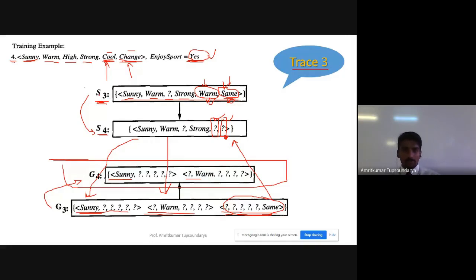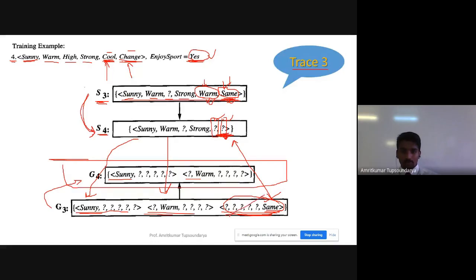So that gives us a new hypothesis S4, right? But since there is a conflict, there is a change that same is also there, and we have a hypothesis which is the same here. So there is a conflict between the specific hypothesis and the general hypothesis.